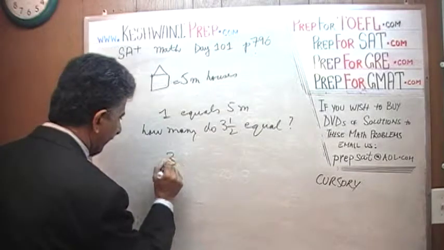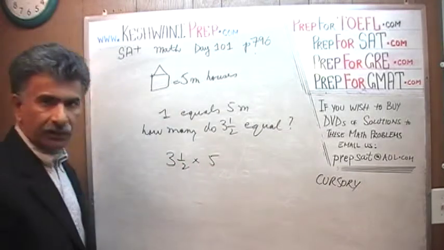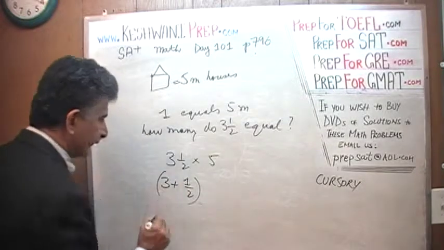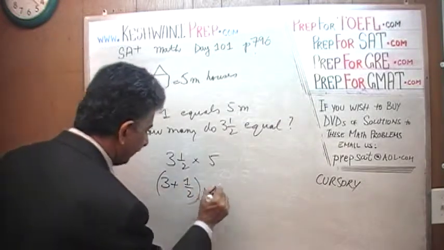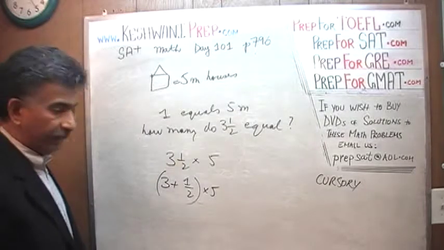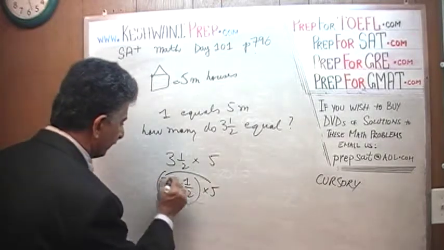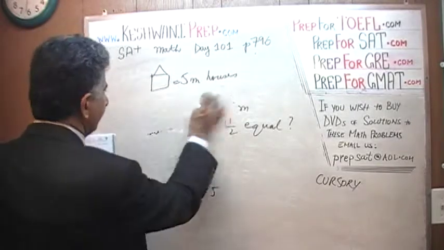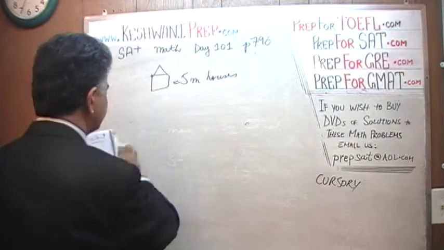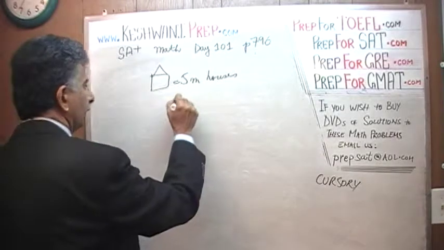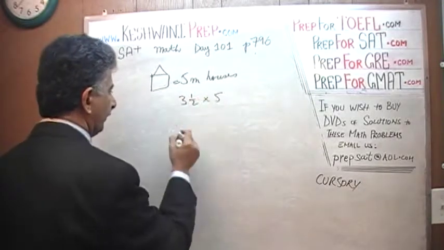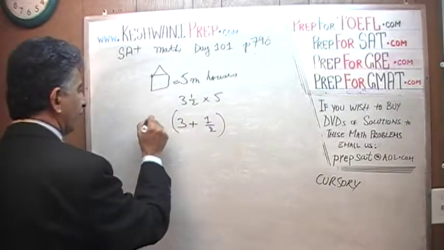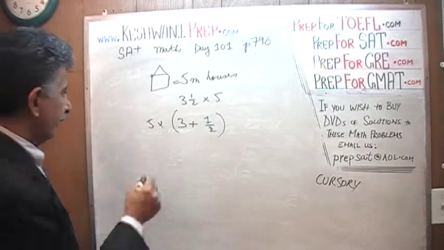That's just 3.5 times 5. That's all it is. And of course 3.5 can be written as 3 plus a half. 3 plus a half times 5 is very straightforward.